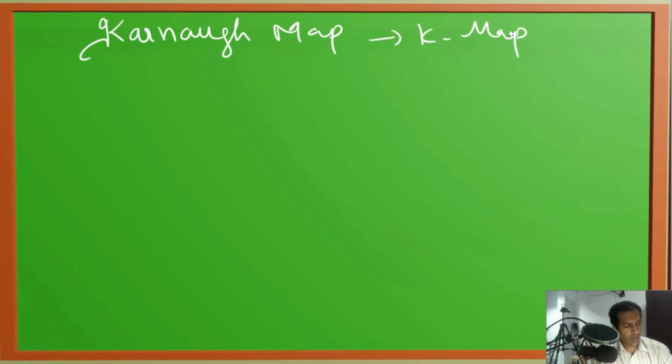So either we may have 2 to the power n possible combinations of product terms, or 2 to the power n possible combinations of POS form.